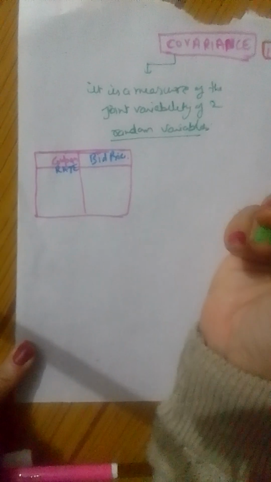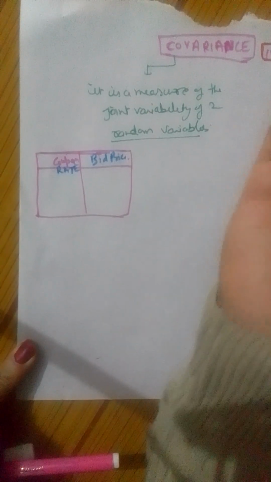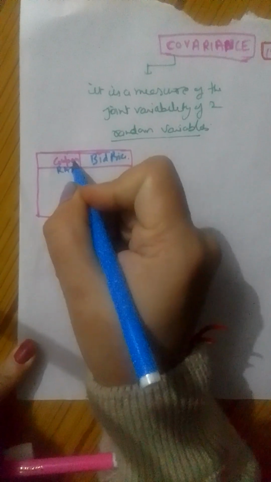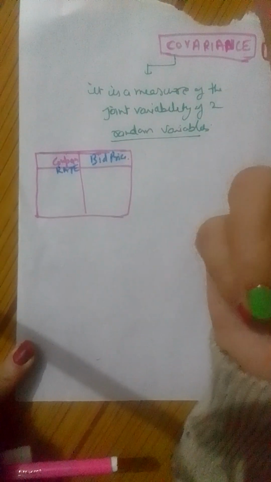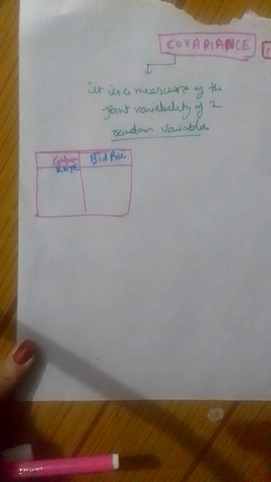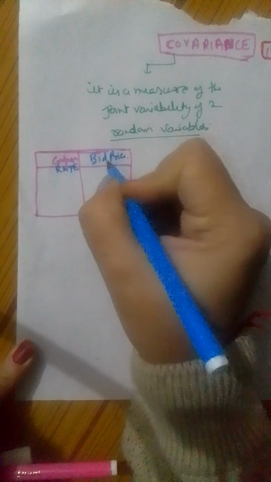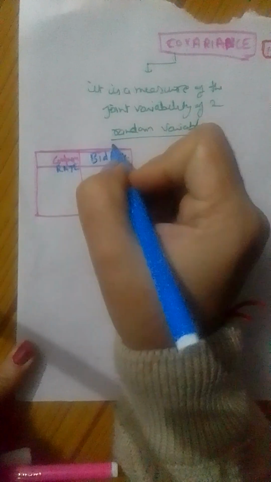So this is some auction about the coupons. Let's suppose there is a cricket match, and you'll get two coupons to join that, just to see the cricket match in the auditorium. Fine. So what is the coupon rate and what is the bid price? These are the two variables.